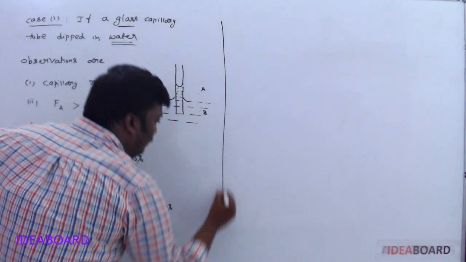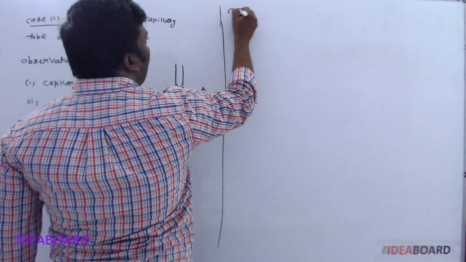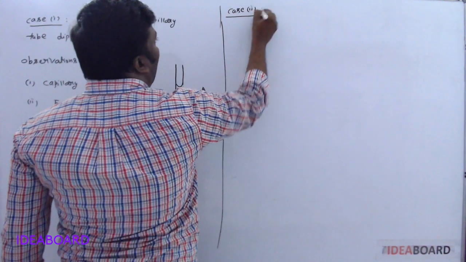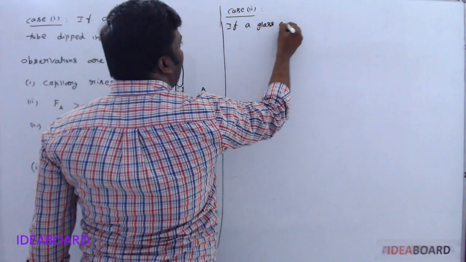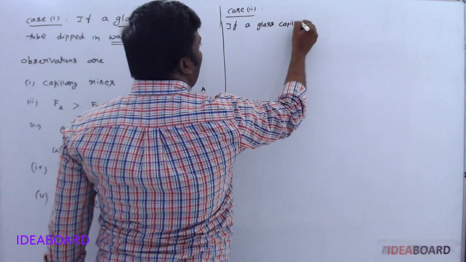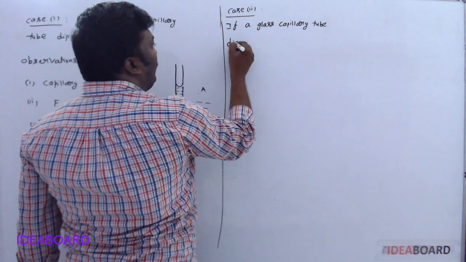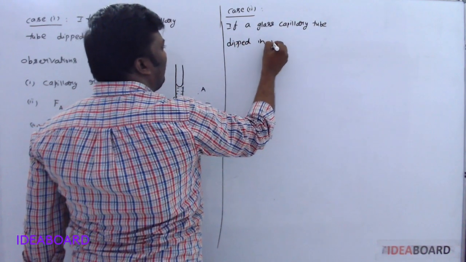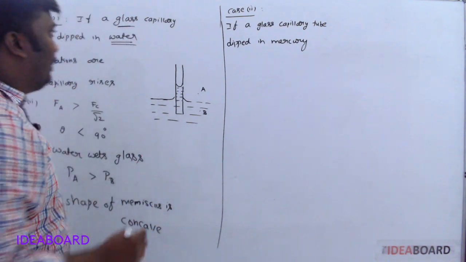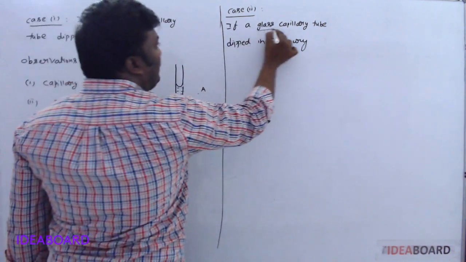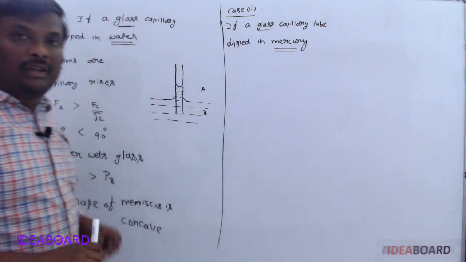Now, case 2. If a glass capillary tube is dipped in mercury, here glass dipped in water, here glass dipped in mercury.